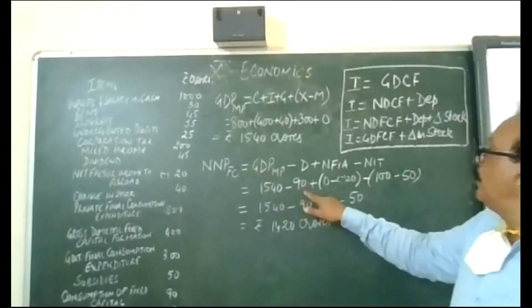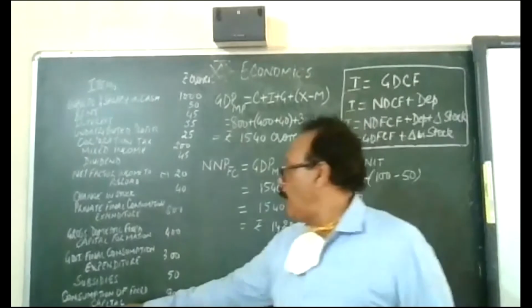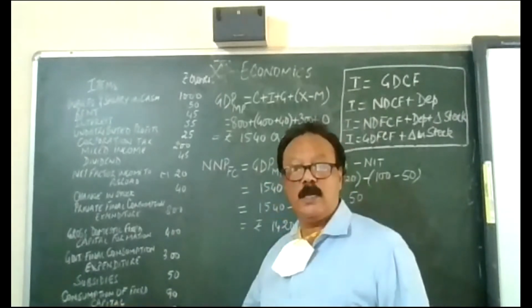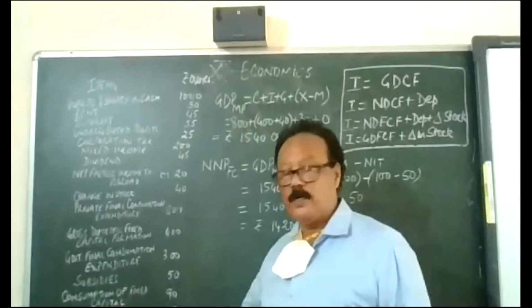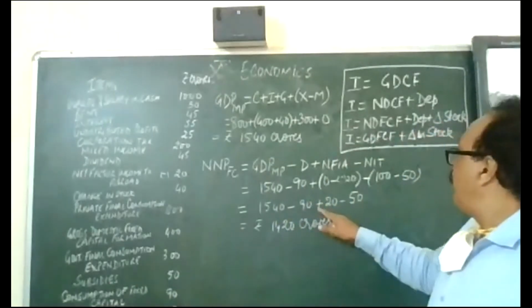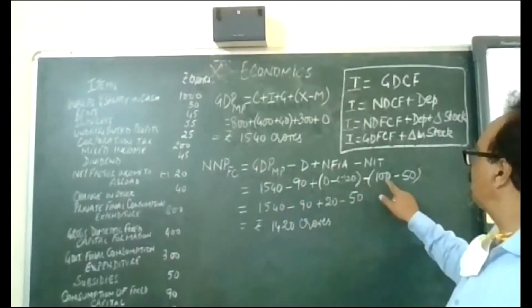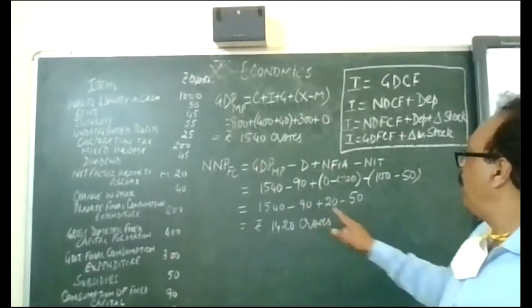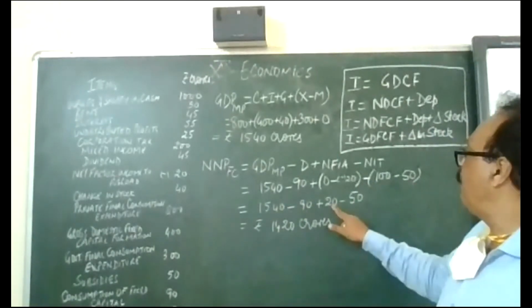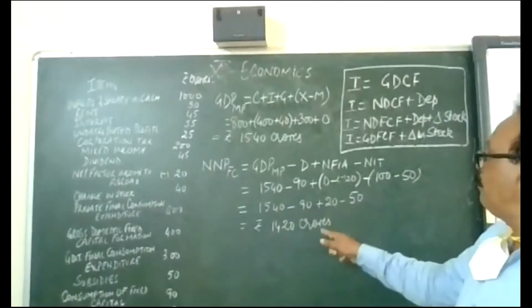Substitute the values. Here consumption of fixed capital is another word for depreciation. I've already told you. Plus and minus the matter becomes plus. This becomes minus 50. The pluses are added, minus 40.